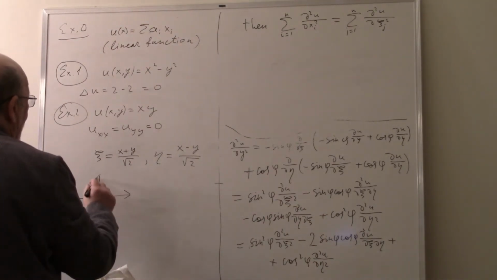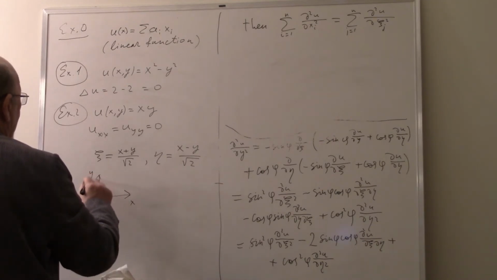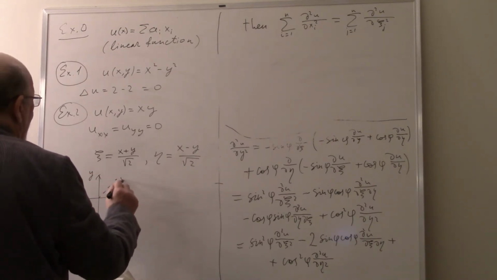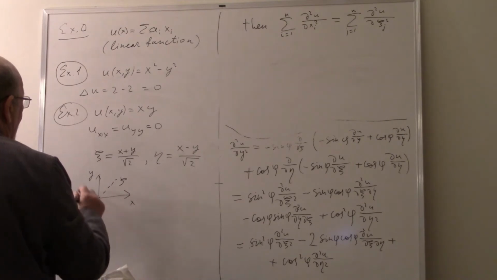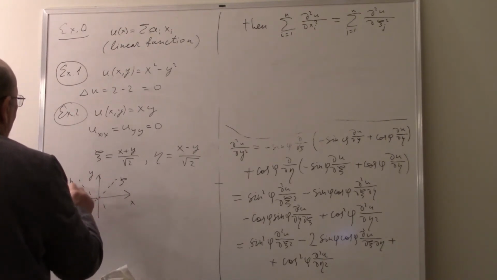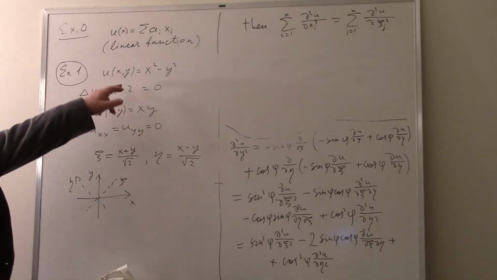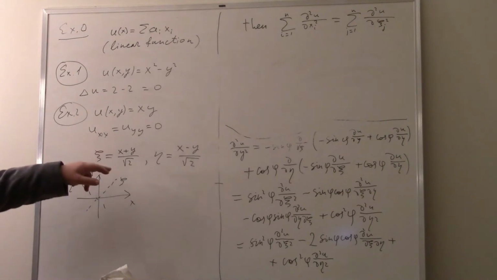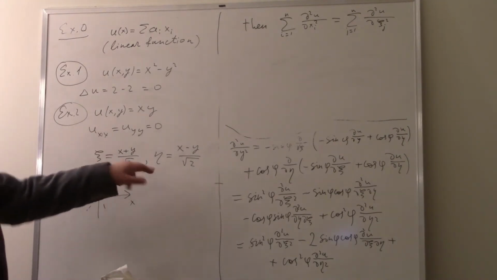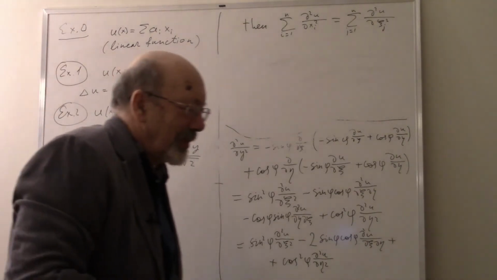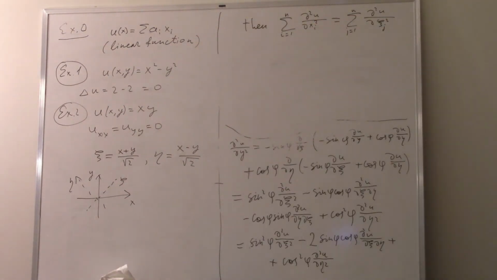So it is xy, and this is ξ and this is η. After that the function x squared minus y squared is converted into the function ξ times η. So in fact it is one and the same example.